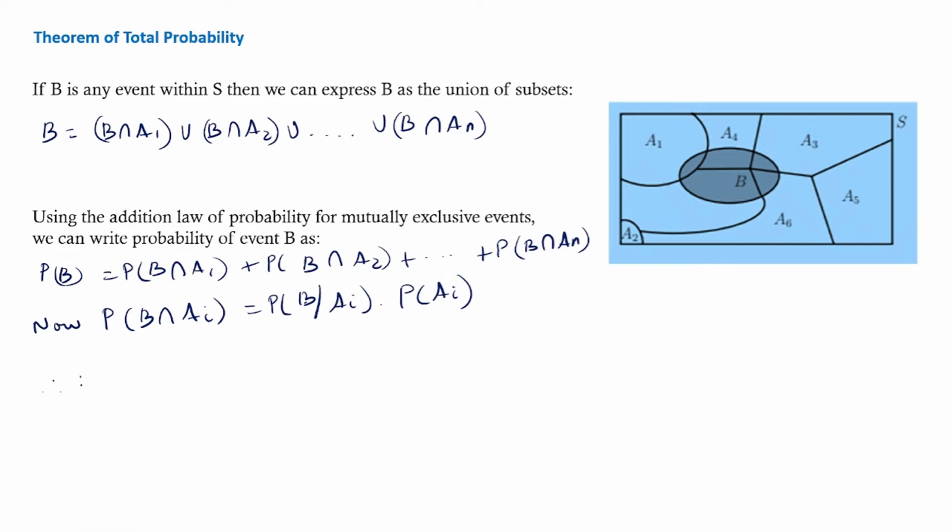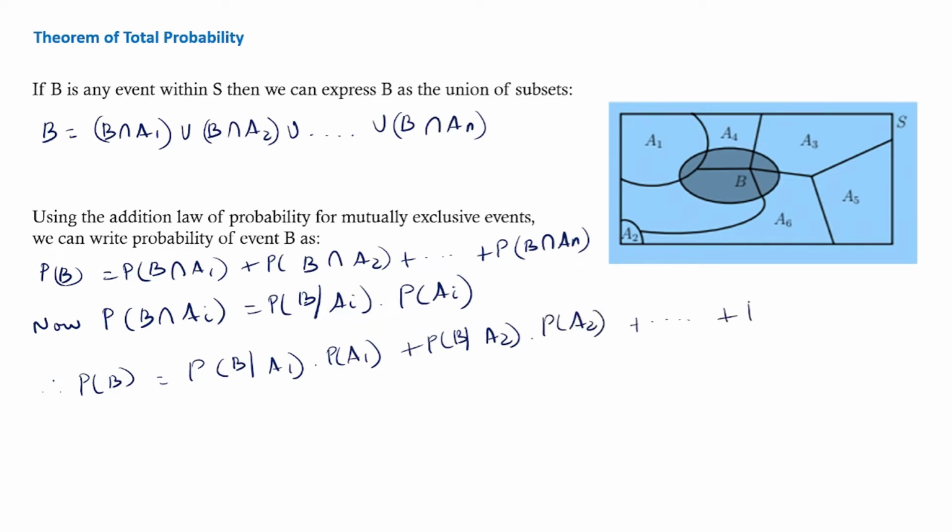Therefore, we have probability of B equal to probability of B given A1 into probability of A1 plus probability of B given A2 into probability of A2 plus up to plus probability of B given AN into probability of AN.